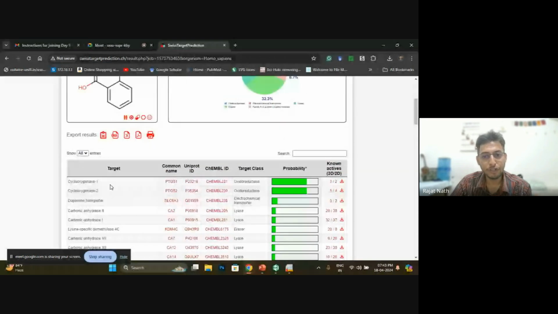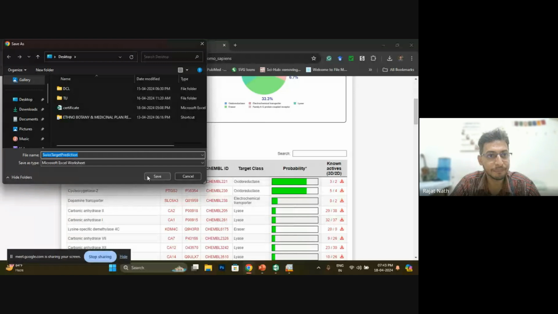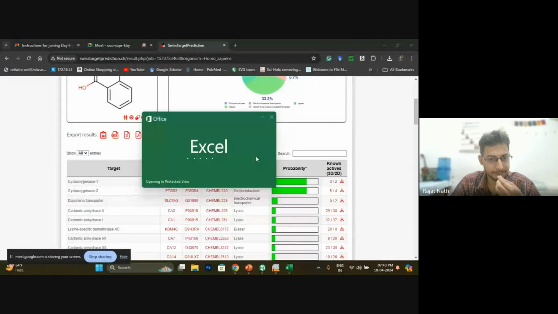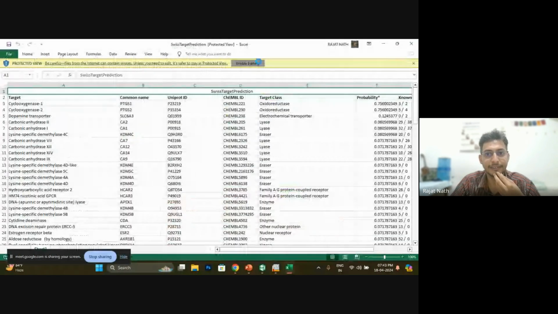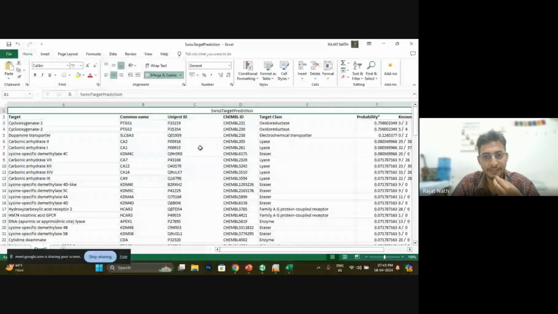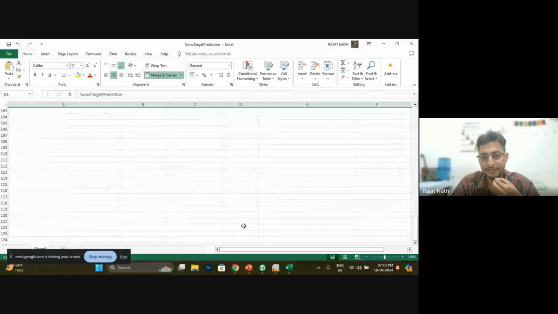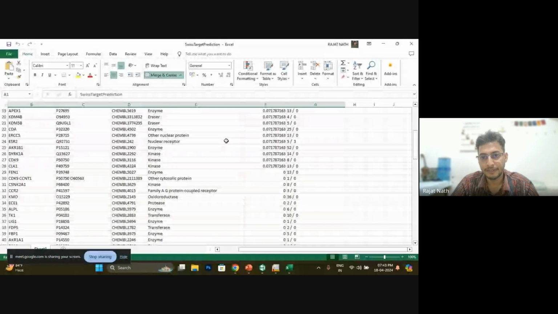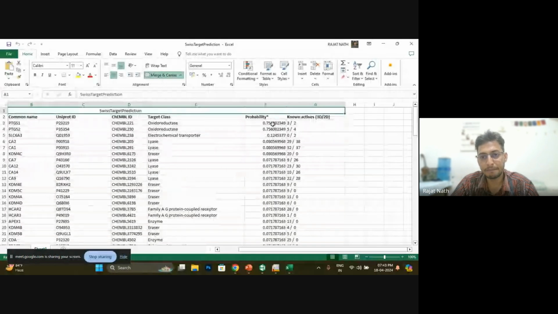You can download this result by just clicking this. There is an Excel format, export result in Excel, number 3. When you click it, it will be saved as an Excel file. See, this is the result. You can export to an Excel file. At the probability, 0.75 means 75%, 0.08 means 8%.